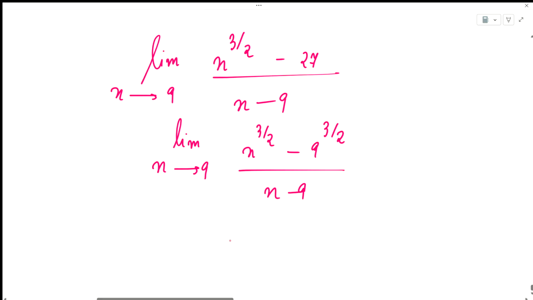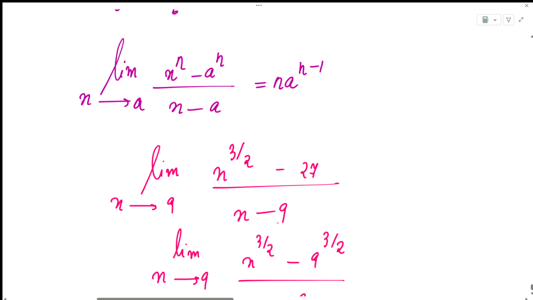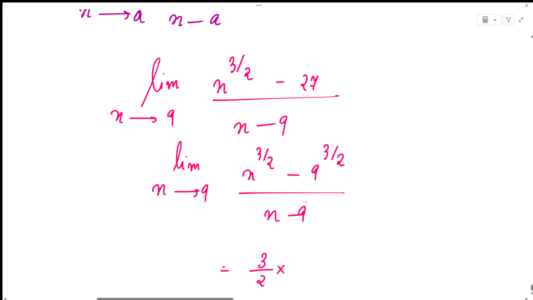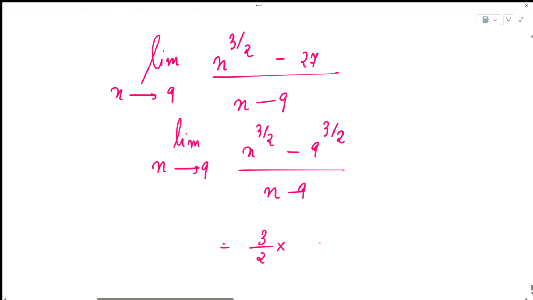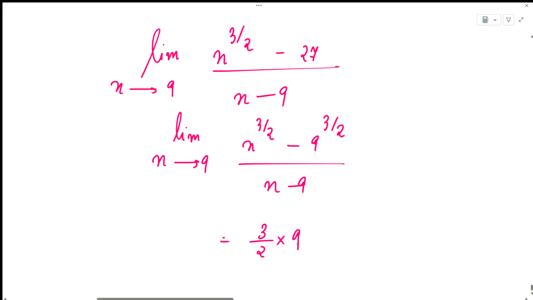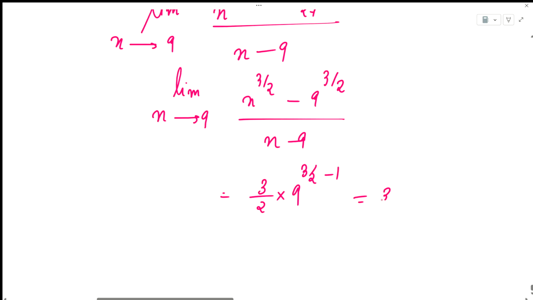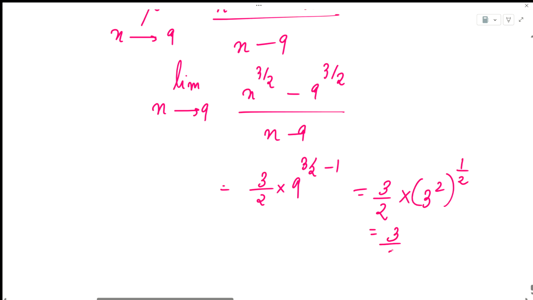So this is going to give me 3 by 2 into a to the power 3 by 2 minus 1, so 3 by 2 into 9 to the power 3 by 2 minus 1. 9 is 3 square, and 3 by 2 minus 1 is 1 by 2. So 3 by 2 into 2, and the 2s cancel. We are going to get 3 into 3, which is 9 upon 2. Okay, moving on to the next one.